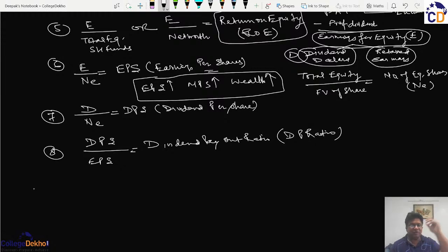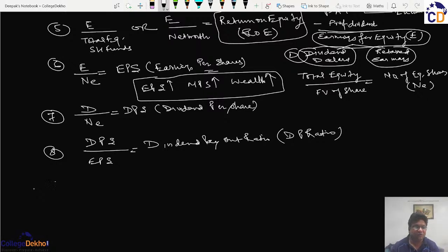But others, like Gordon and Mr. Walter, will relate the price of the share, that is, the fair value of the equity under consideration, not just with the earning per share, but also with the dividend distributed. And therefore, there is no dispute regarding the relationship of EPS with the price, but there can be contrasting views on whether the dividend affects the price of the share or not.